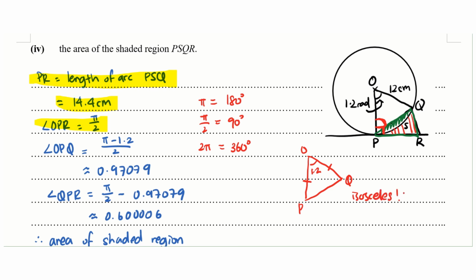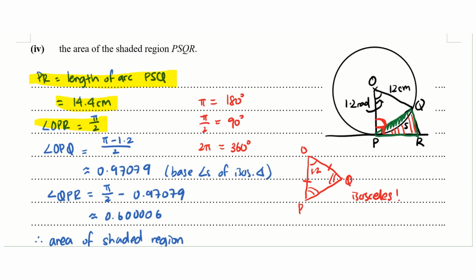Because the angle sum of a triangle is 180 degrees, I take pi minus 1.2 radians, and I will know the sum of the base angles. I divide by 2 because the base angles are equal. This is where I applied the base angles of isosceles triangles.